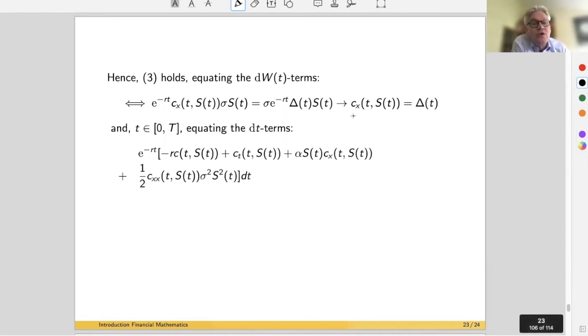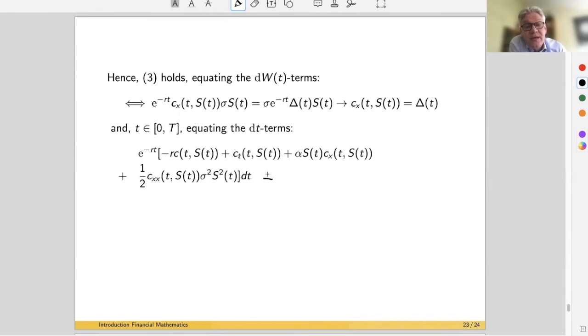Now we also want to equate the dt terms, so we list them here. These are the dt terms for the discounted option value: e to the power minus rt times minus rC plus dC/dt plus alpha S dC/dS plus 1/2 the second derivative of C with respect to S, times sigma squared S squared, dt.